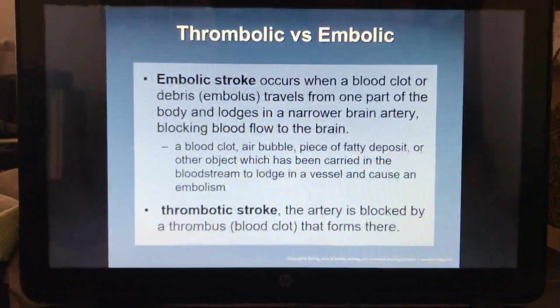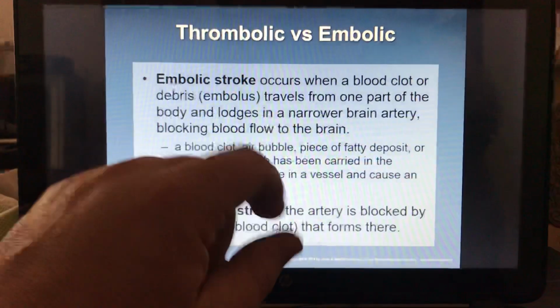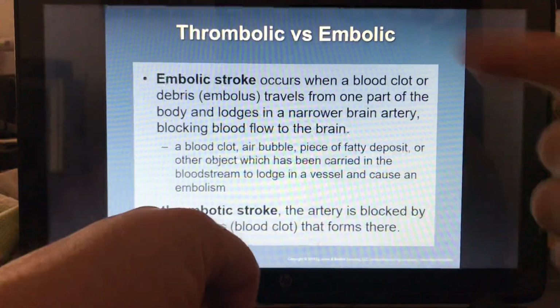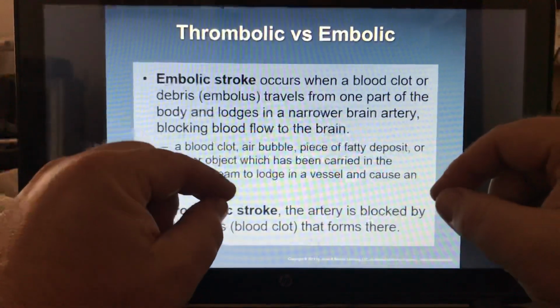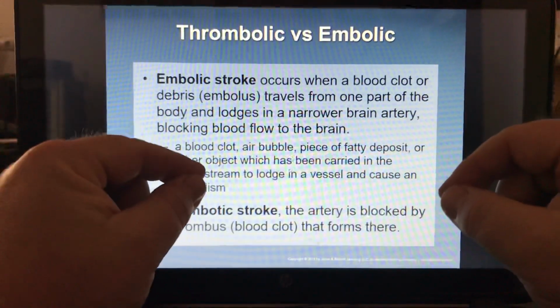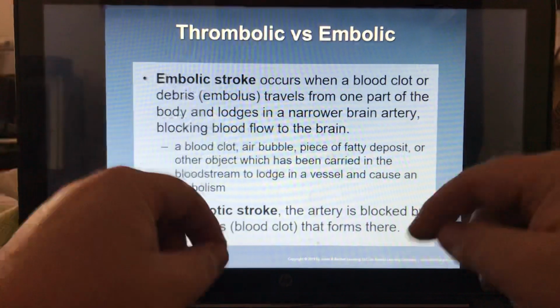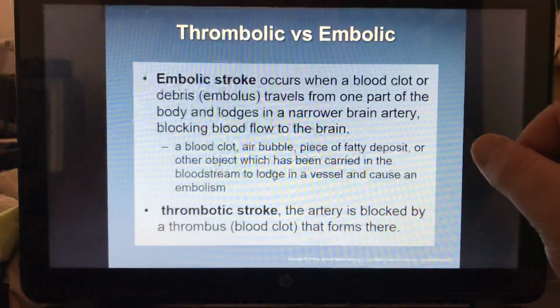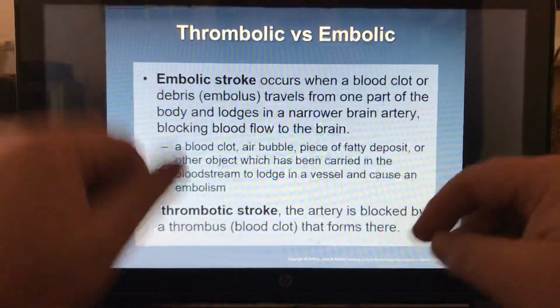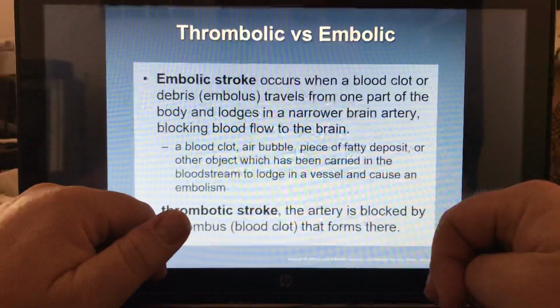So let's say you start an IV on someone, and you mess up and accidentally shear off a small piece of the plastic. That becomes an embolus. It's a piece of foreign material, and if it's big enough, it can get thrown and more likely wind up in the brain somewhere, or cause a blockage somewhere.